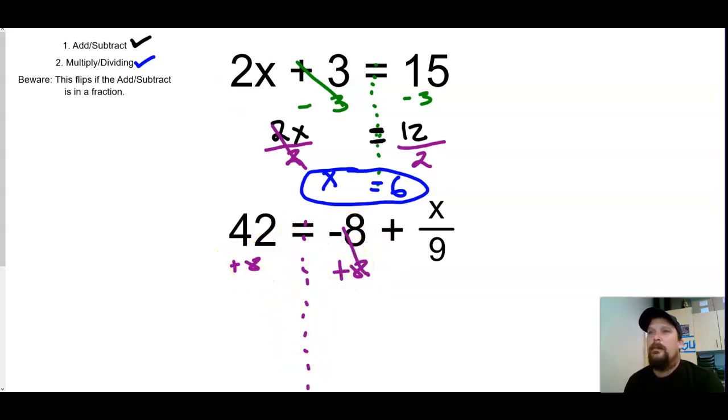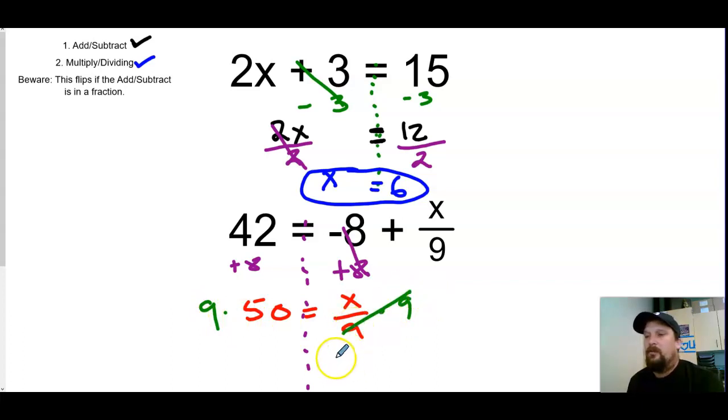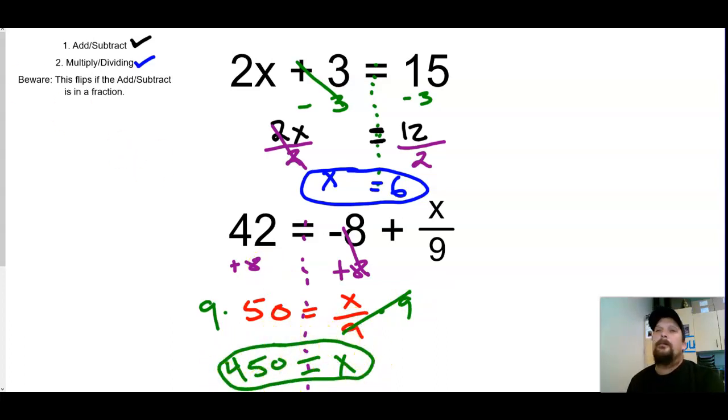That crosses out, and we're left with 50 equals x divided by 9. What's the inverse of divide? That would be multiply. So we multiply both sides by 9, and that cancels out. My x drops down, and 9 times 50 is 450 for my final answer.